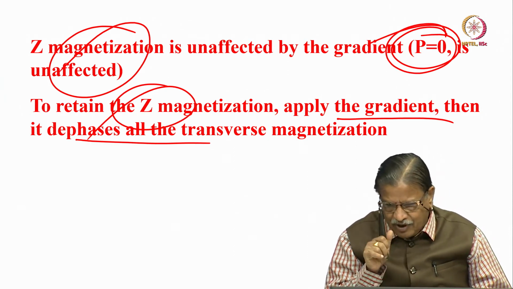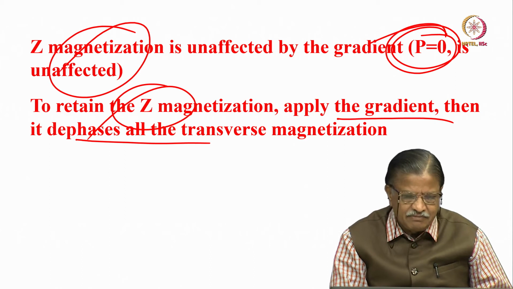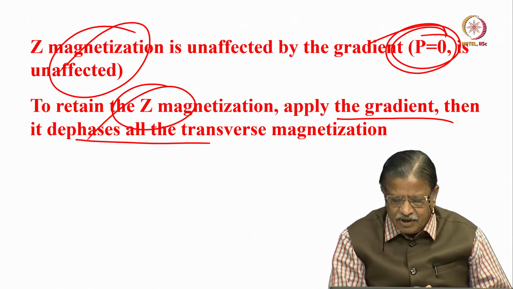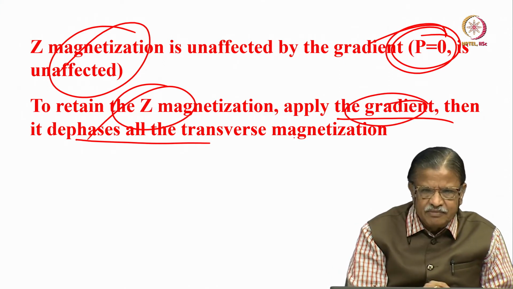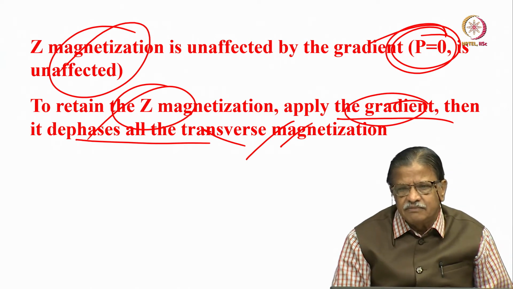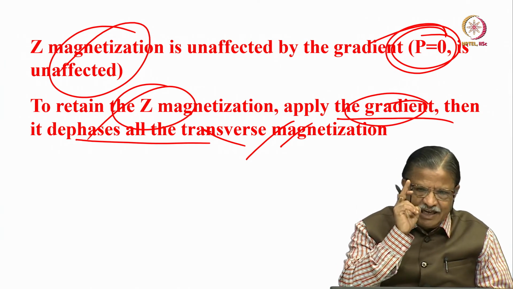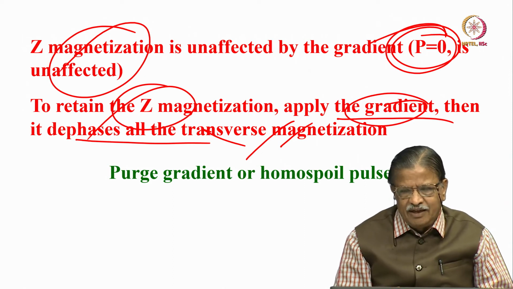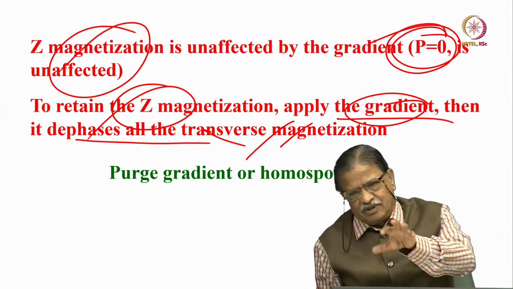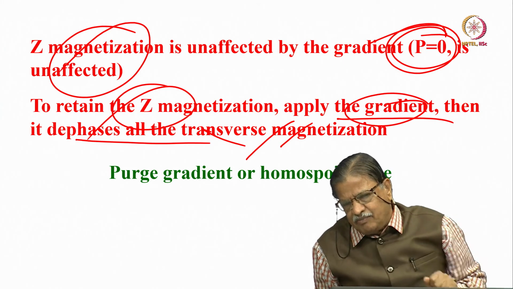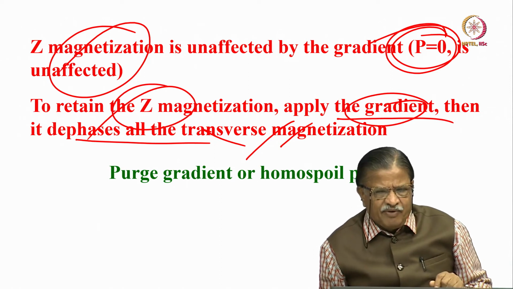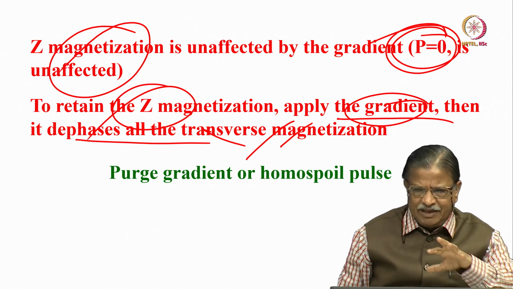But if I want to retain only Z magnetization and dephase all the transverse magnetization, what do I do? Simply apply a gradient, and all the transverse magnetization gets dephased. Then Z magnetization alone will be retained. So in many experiments, the transverse component of magnetization is generated for various reasons, because of an imperfect 90 pulse or imperfect 180 pulse or anything.